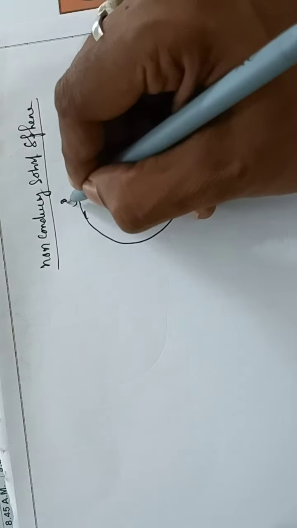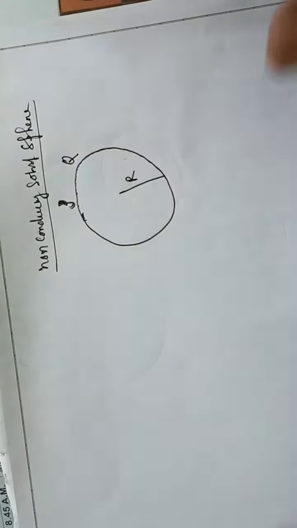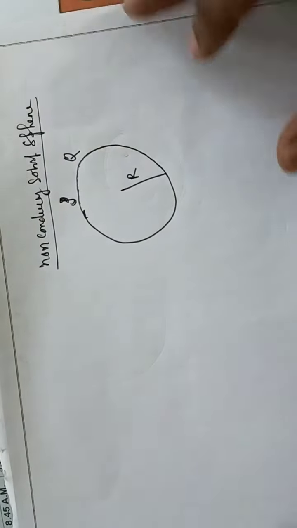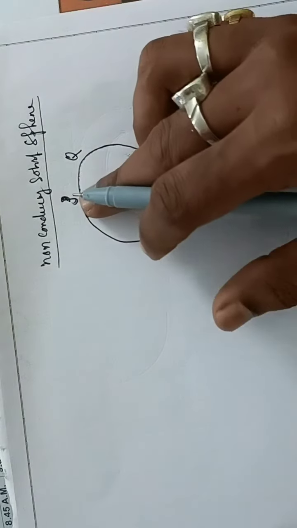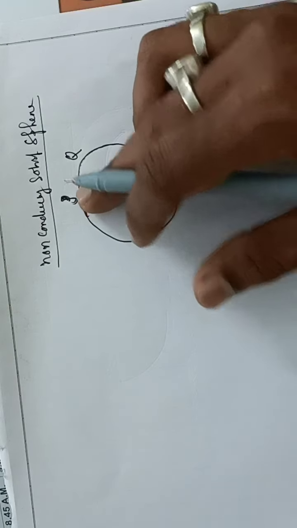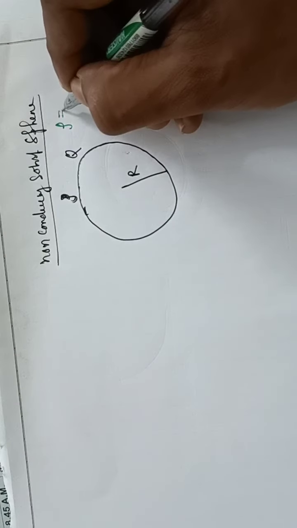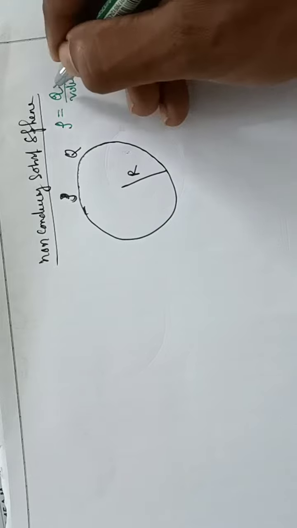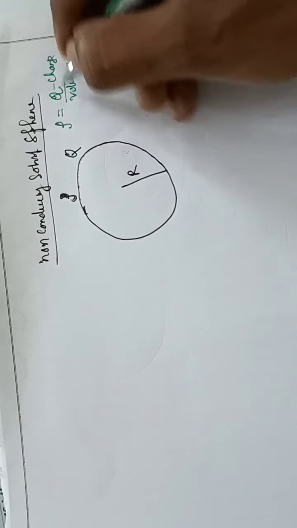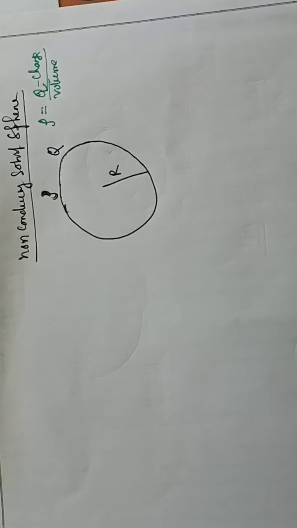The radius is r, having volume charge density rho, and q charge is uniformly distributed all over this solid sphere, inside as well as on the surface. Rho can be defined as charge per unit volume. These are small things we have already discussed in the previous lectures.